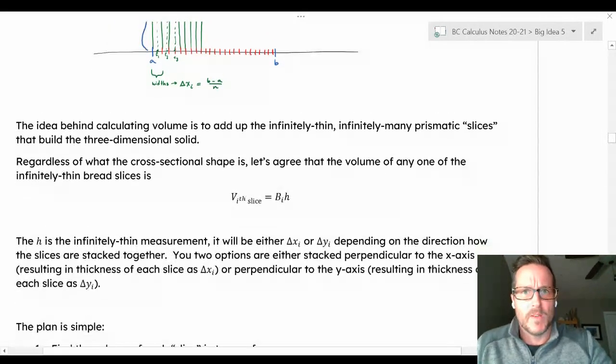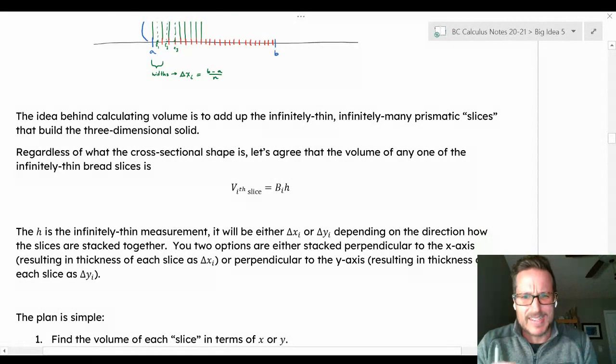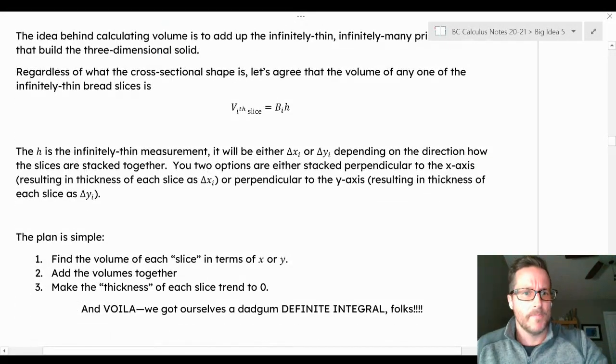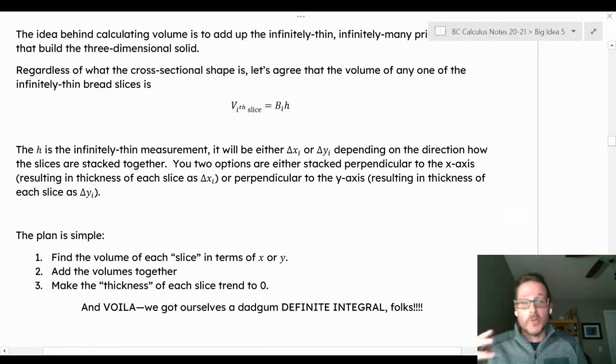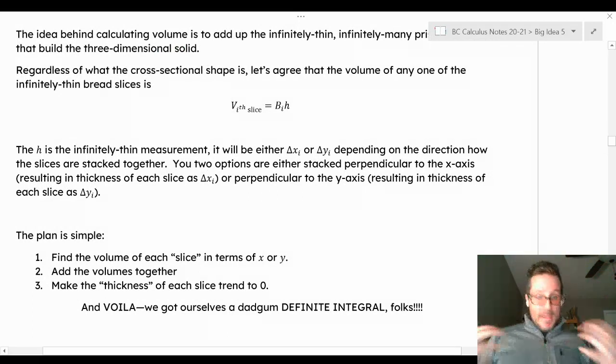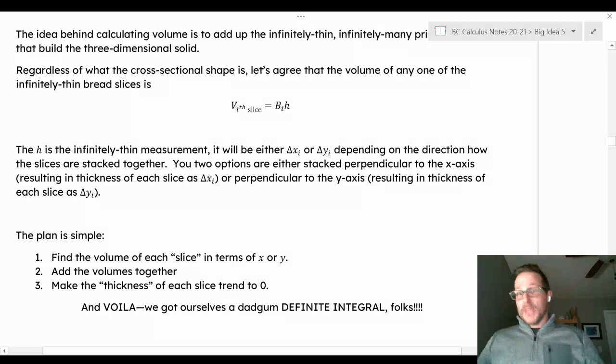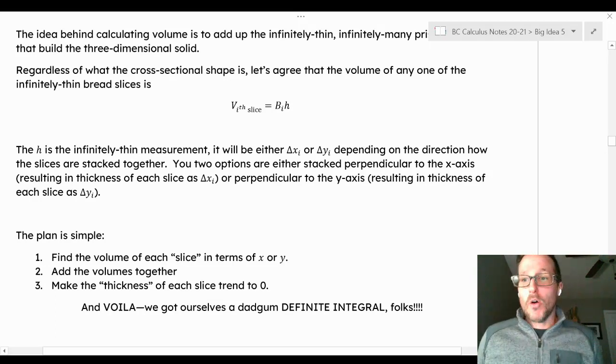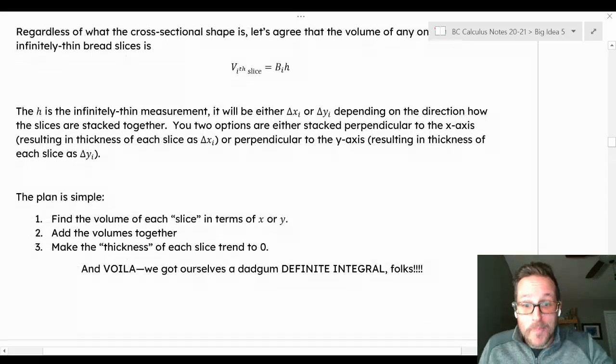You can see that height, that thickness, is some little tiny delta x or y. So we want to find the volume of each slice, add the volumes together, make the thickness go to 0, add up the infinitely many, and presto, we got ourselves a definite integral.